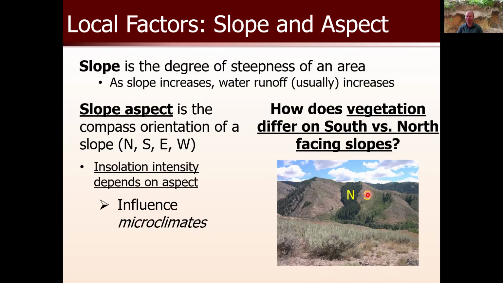It's losing that moisture, and therefore there's less available to plants, whereas a north-facing slope can be much more densely vegetated and even go from a forest to a dry grassland, a steppe or semi-arid grassland, just based upon slope aspect.